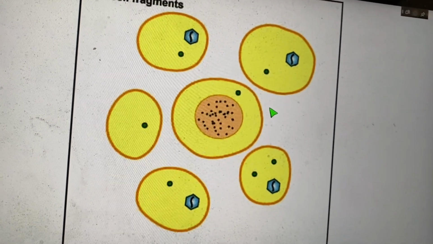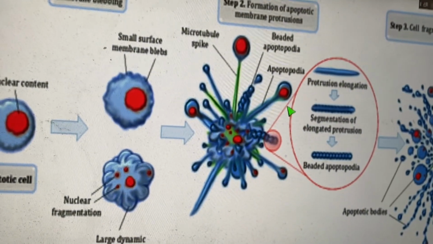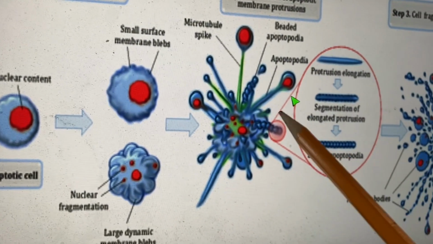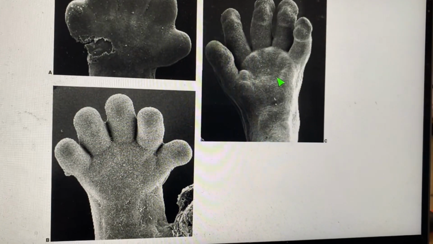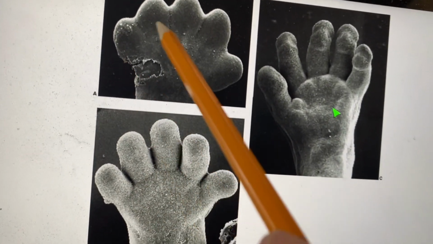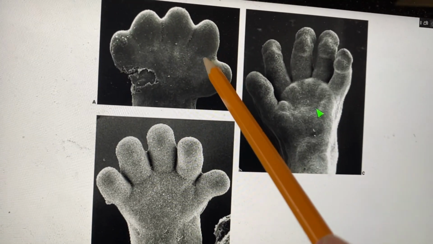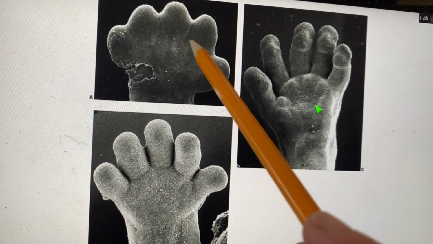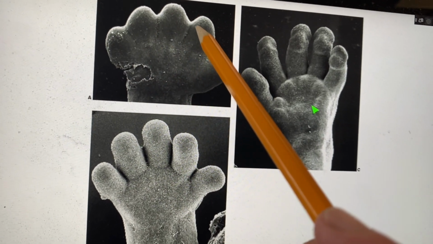But we also mentioned that apoptosis is needed for development. Destruction of cells is important in development. My great example, of course, was the old webbed toes, the webbed fingers. When you're developing as an embryo, you're growing your bones in there, but they're all connected by skin.